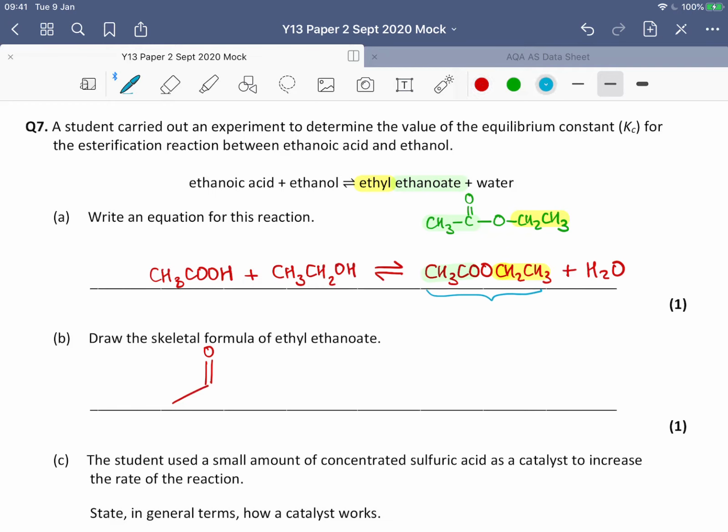So I've got CH3, and then that's my carbonyl. Then I've got it bonded to the oxygen. I'm going down to the oxygen, and then I have got that. So that is my CH3, COO, CH2, CH3. Okay, if you compare that with the formula I've got up in part A, I've written it in exactly the same order.